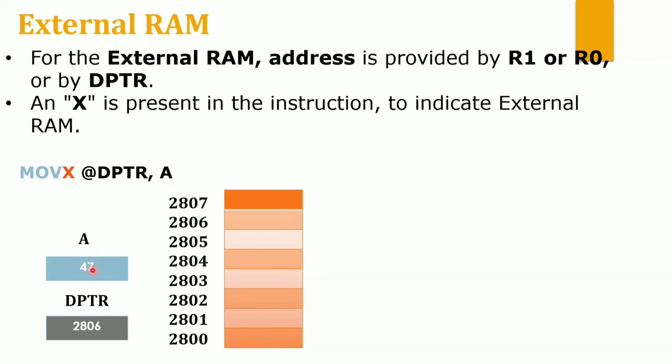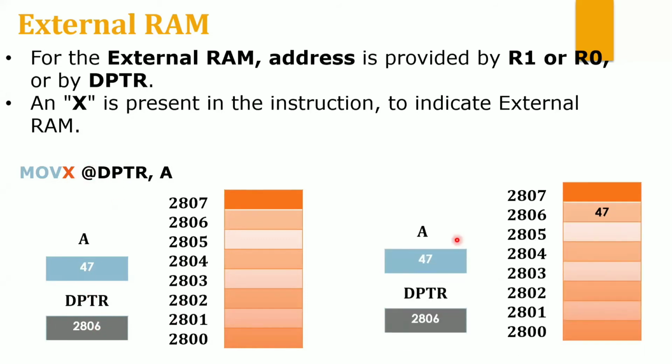That 47 will be copied to the memory location 2806, which is pointed out by the DPTR. Whenever you write @, that value becomes your address. In that particular address, I can copy the value from the register, I mean from register to that memory location. Now you understood this much.